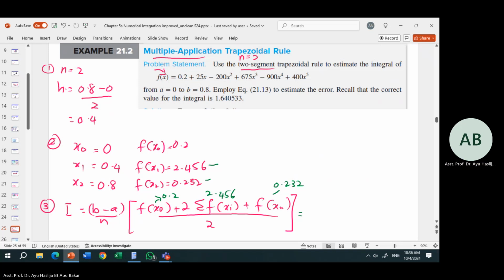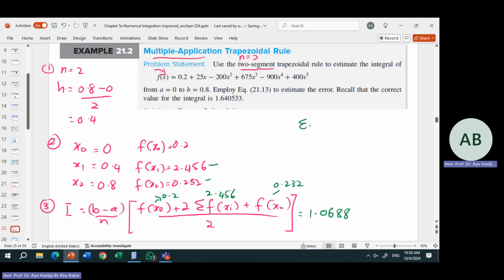Again, correct. 1.0688. True error? True error, not true value.